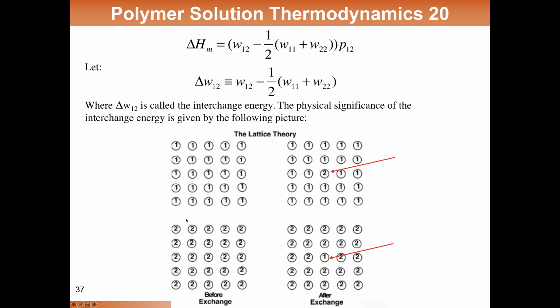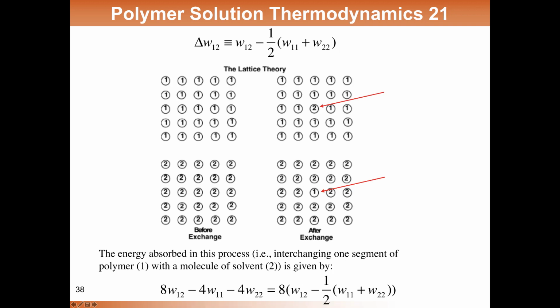But in order to mix molecules 1 and 2, or more specifically, in order to take one molecule of type 1 and put it into an environment of type 2, and take one molecule of type 2 and put it into an environment of type 1, involves a certain change in energy.